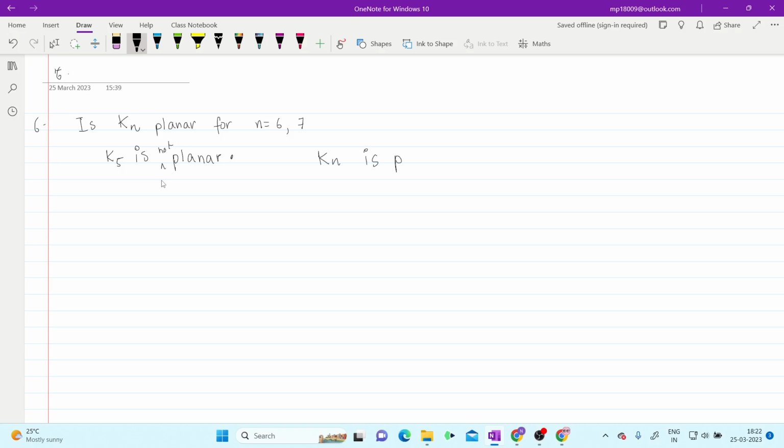Basically, we want to see which complete graphs are planar. K1 is just one vertex, so it is planar. K2 is also planar. K3 is also planar. And K4 we have seen is also planar.